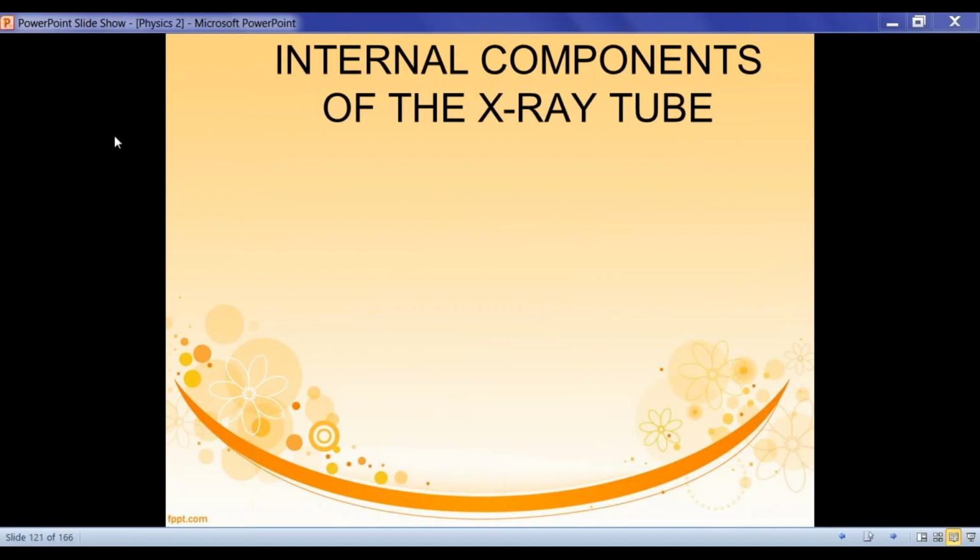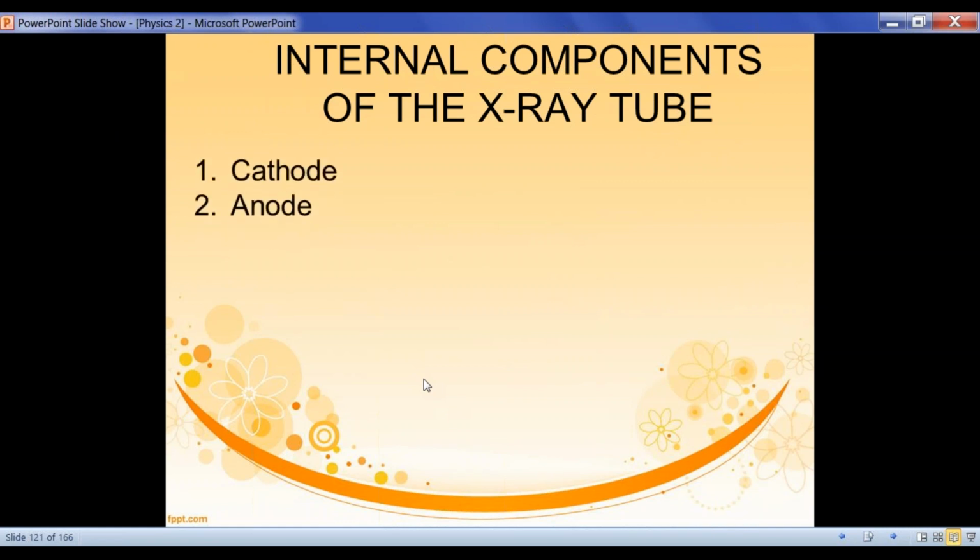So anyway, to start, we have discussed from the previous lecture the external components of our X-ray tube. So this time we are going to discuss the internal components of our X-ray tube, which, as I mentioned last time, are the cathode and the anode.